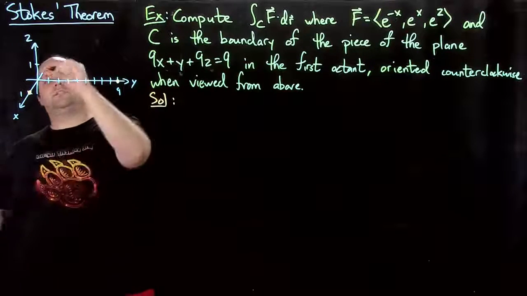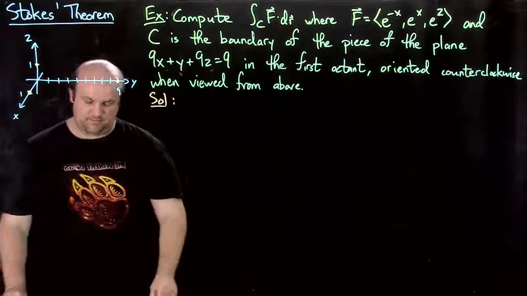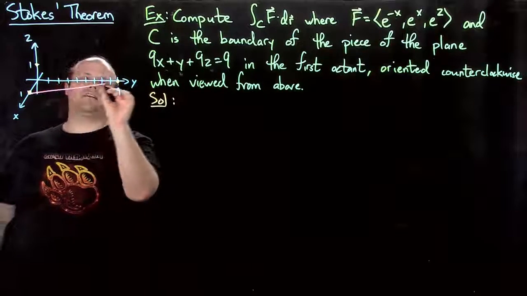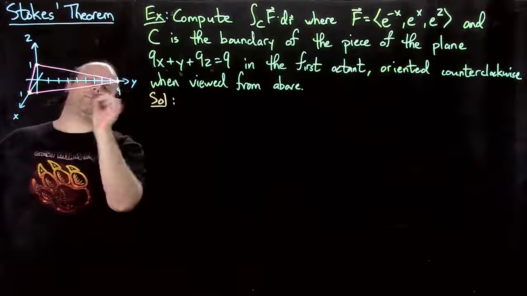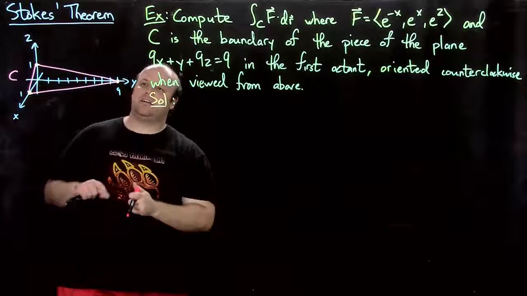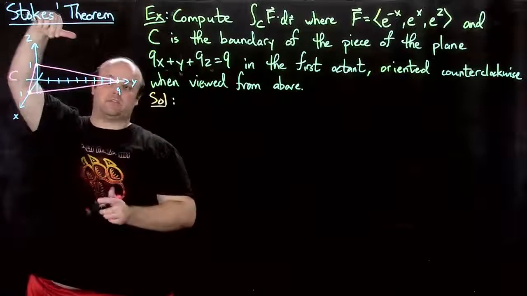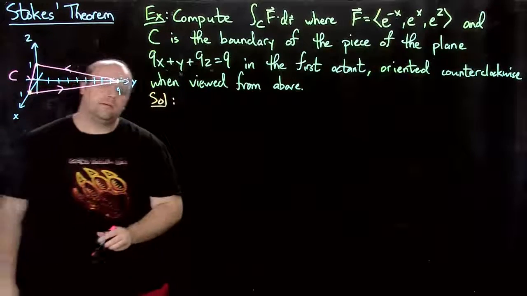So that curve C is given by connecting these points. This is C. Now what's the orientation on that? If we look down from above, we should see counterclockwise, which goes this way.